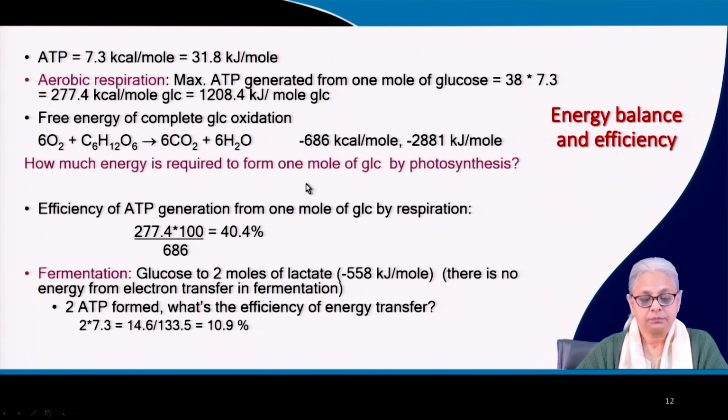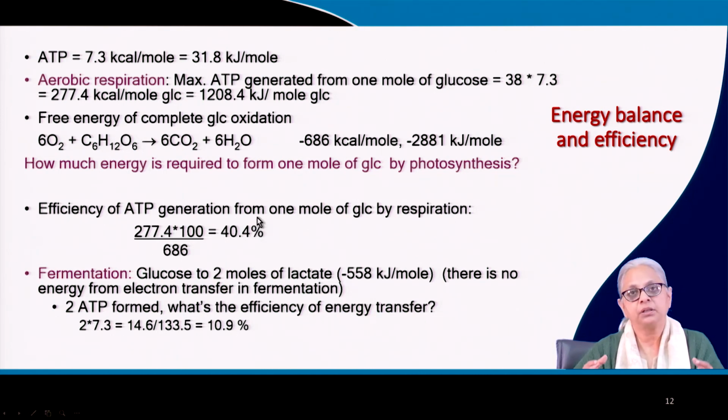So let's take a look at the efficiency of ATP generation. What is nature's efficiency in generating 38 ATP from this available energy? If this is what is available, how much is being utilized as ATP? So we get 40.4%.